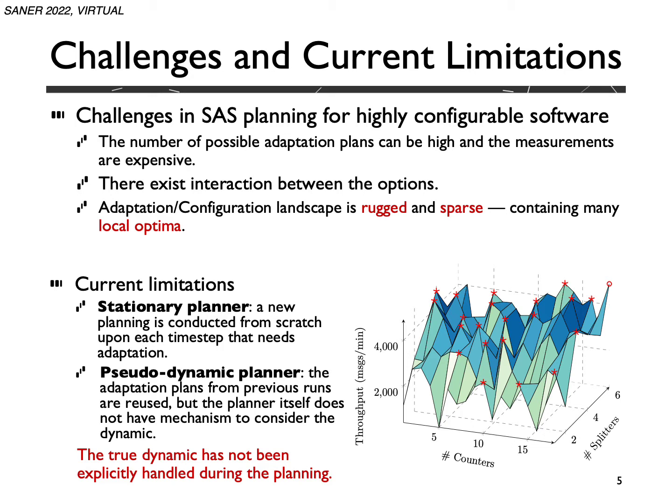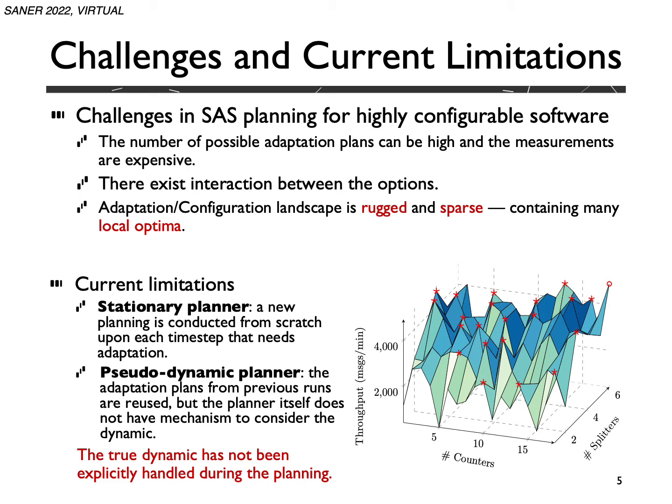The little dot here is the global optimum, and the stars representing the peaks are local optima. By local optima, we mean those adaptation plans that are always better than their surrounding neighbors, but they could be suboptimal, and some of them are actually very bad, as you can see here.